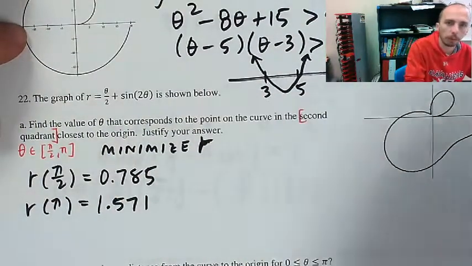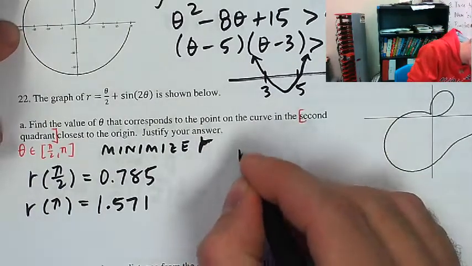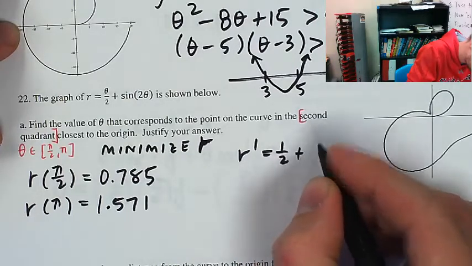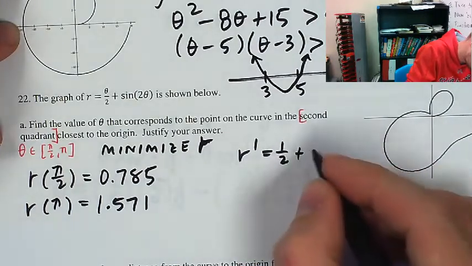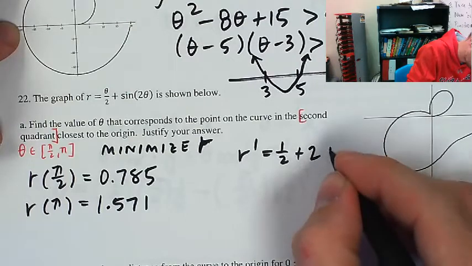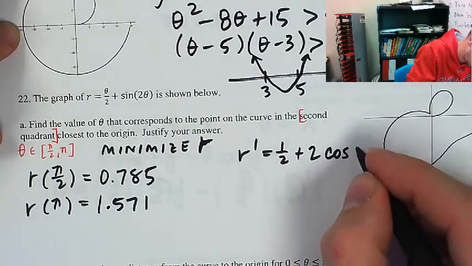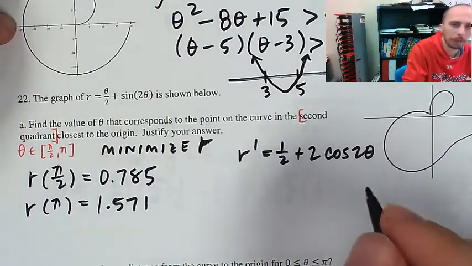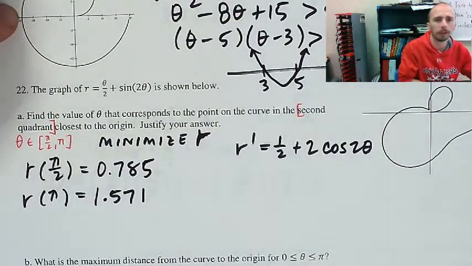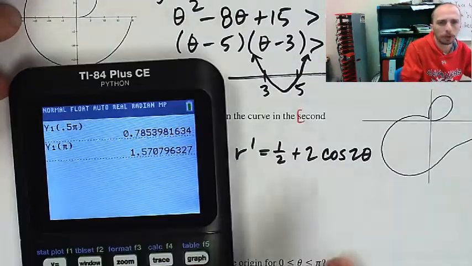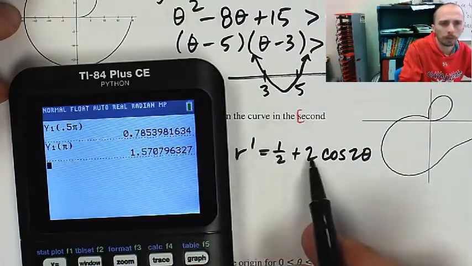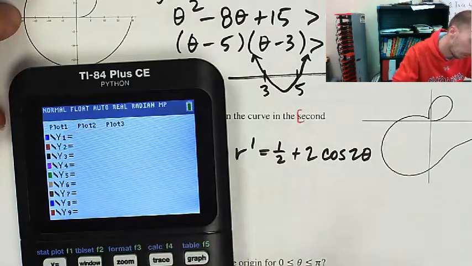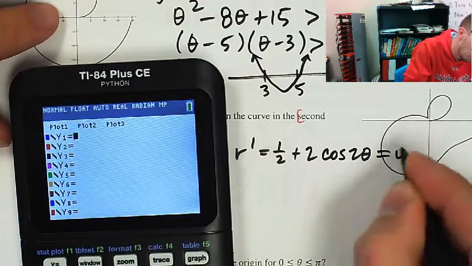Okay, now we want to know where r prime is 0, because if we want to maximize or minimize something, we take its derivative and set it equal to 0. So r prime equals 1/2 plus 2 cosine 2 theta. Okay, I'm not sure if this was supposed to be a no calculator question, but I'm just doing it with a calculator. No, we do not know where cosine is 1/4. So yeah, this one requires a calculator for sure. So I need to know where this is equal to 0.